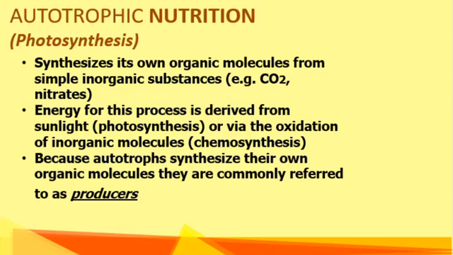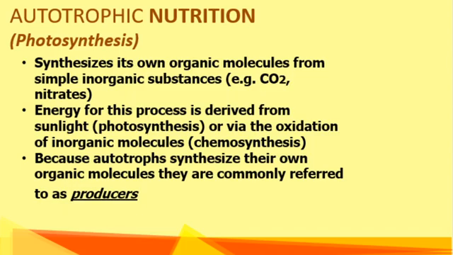The energy for this process is derived from sunlight in the case of photosynthesis, or via the oxidation of inorganic molecules, which happens in the process called chemosynthesis. Because autotrophs synthesize their own organic molecules, they are commonly referred to as producers.